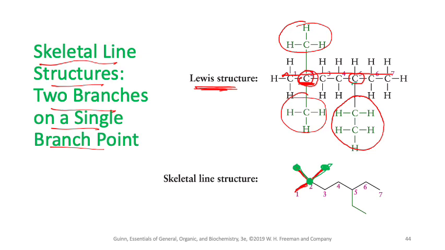But on the 5th carbon over here, how many carbons do you have in this branch? 2. So I can make the branch something like this, or I can make the same branch something like this. Doesn't matter which direction the branch is going, right? So this is how you normally do the line structure formula for the branching.